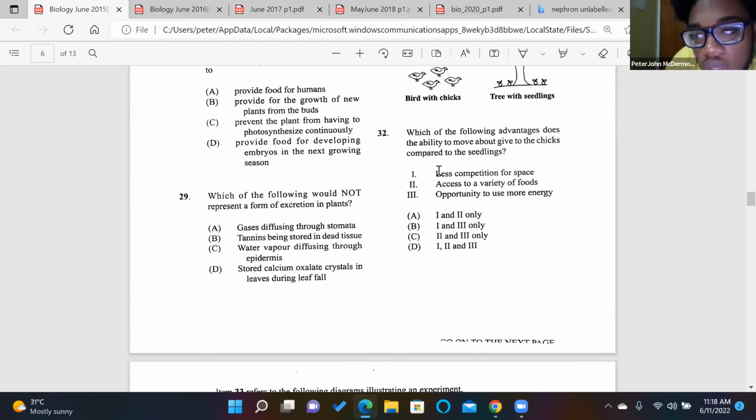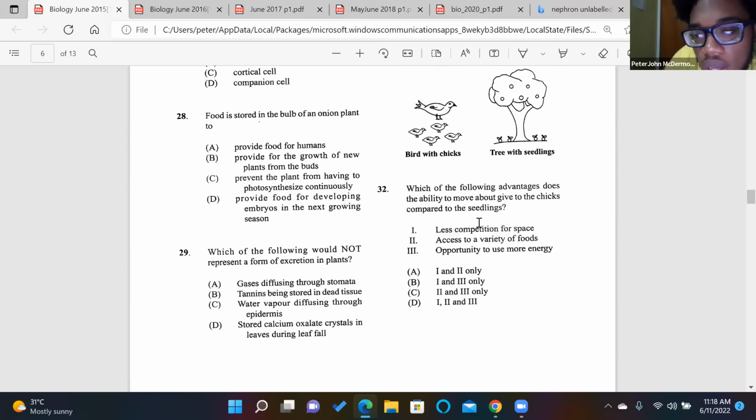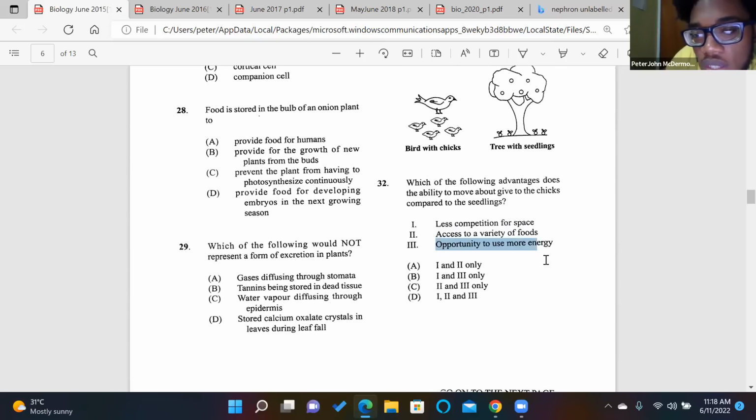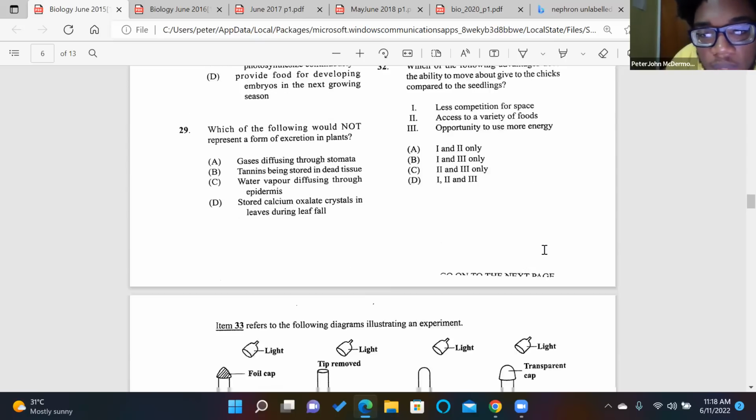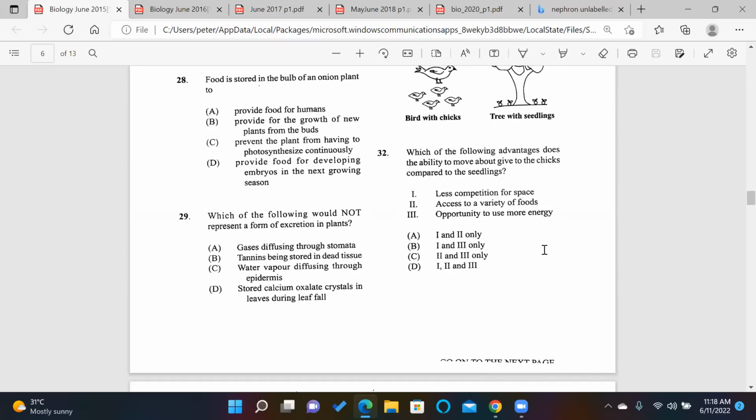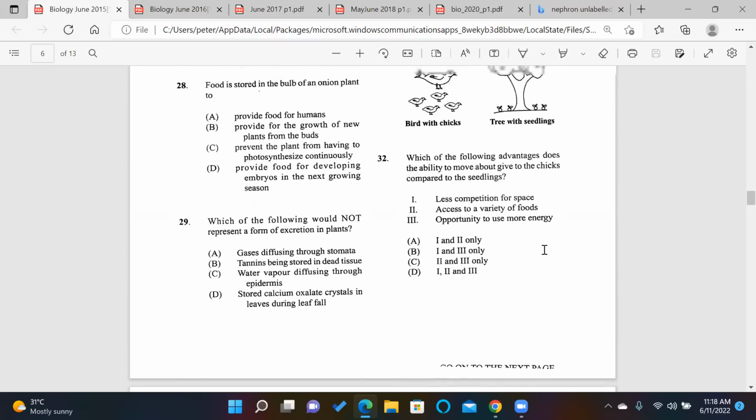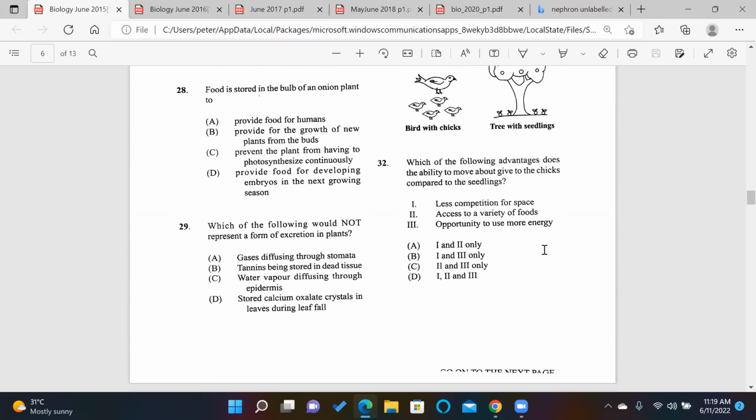I would say A, less competition for space, access to a variety of foods, and opportunity to use more energy. Just doesn't sound like a correct thing. Yeah. Sir, I don't know because I have an answer key and they gave me B, and the reason was: why would plants want to access a variety of foods? Like they already make their own food. That would be more for the animals.